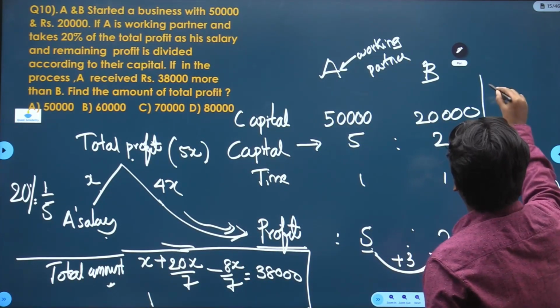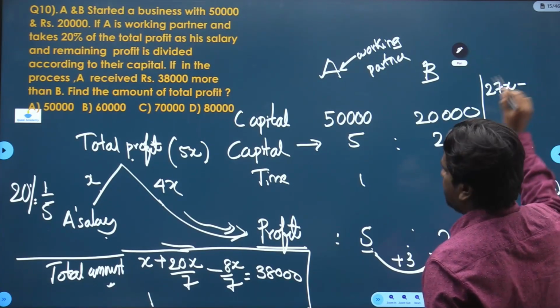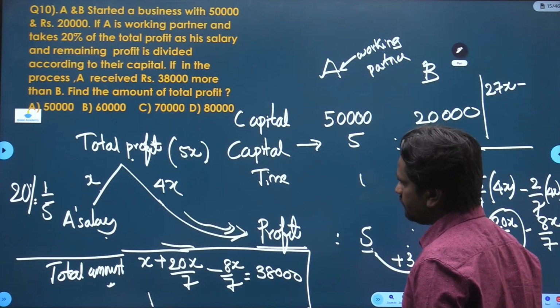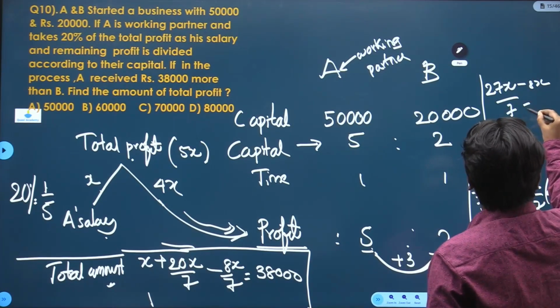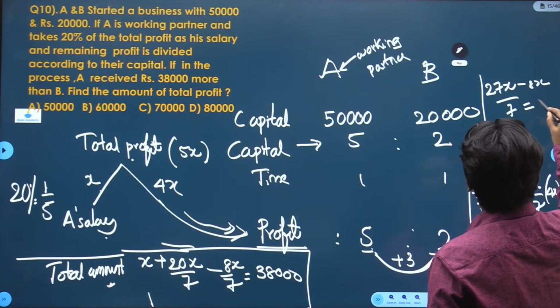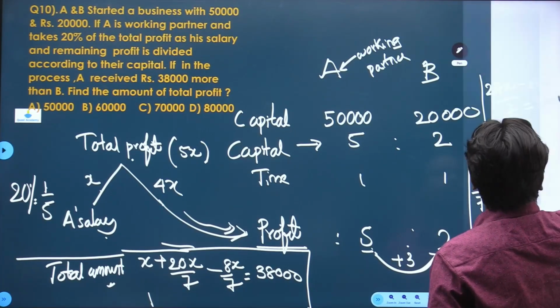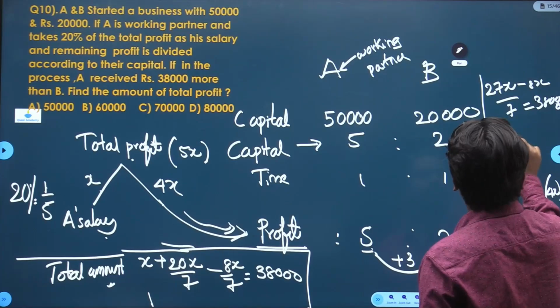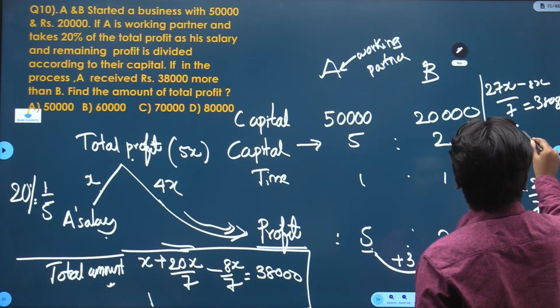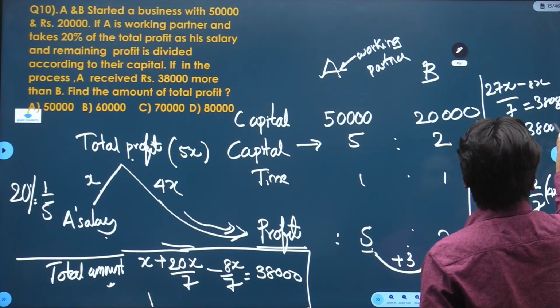So here x plus 20x by 7 minus 8x by 7 is equal to 38,000. That gives 19x by 7 equal to 38,000.